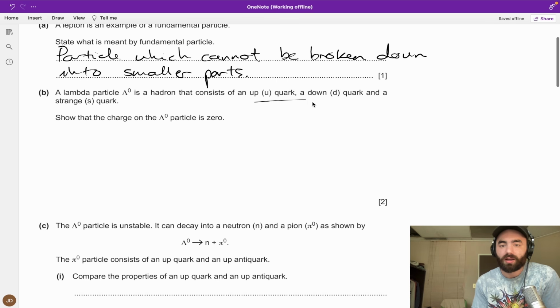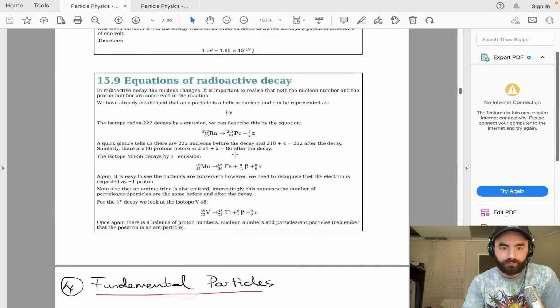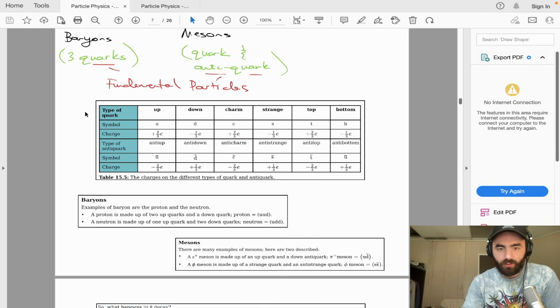It consists of an up quark and a down quark and a strange quark. Show that the charge of this is 0. Well, if this thing is made up of an up quark, a down quark, and a strange quark, on the worksheet you need to look at this table. It's pretty easy to remember: up quarks have +2/3e, a strange quark has -1/3e, and a down quark has -1/3e.